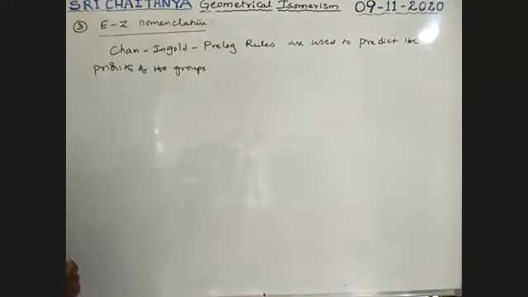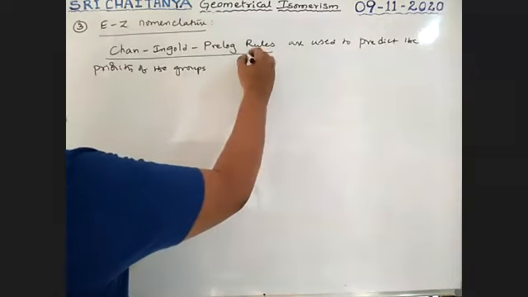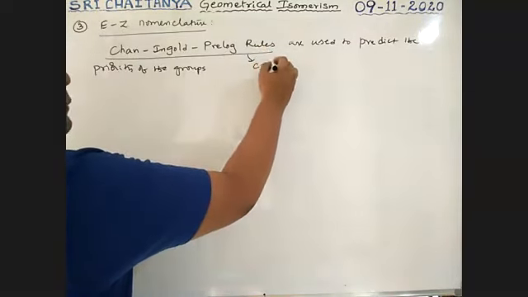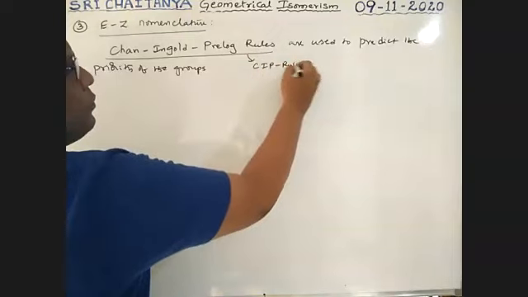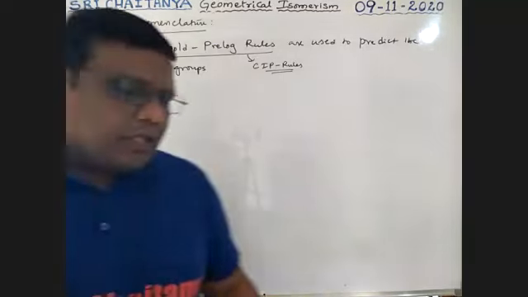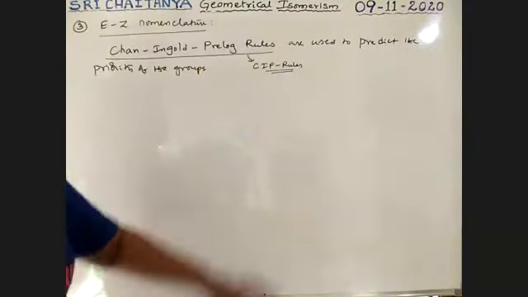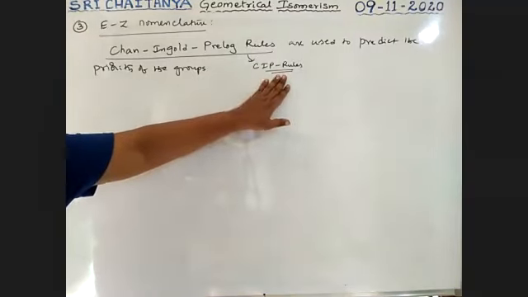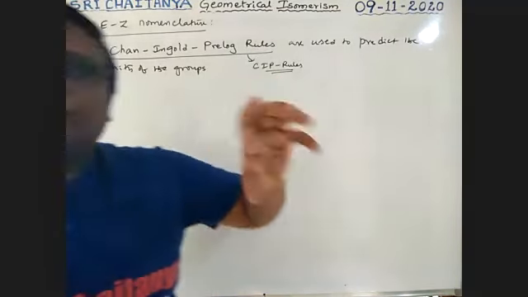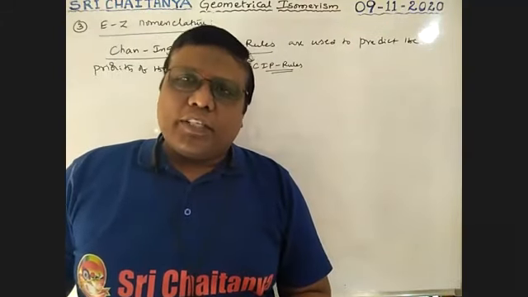These are called CIP rules, or sequence rules. By using these CIP rules, we can identify which group is more prior and which group is less prior. Priority we should decide it, boys.